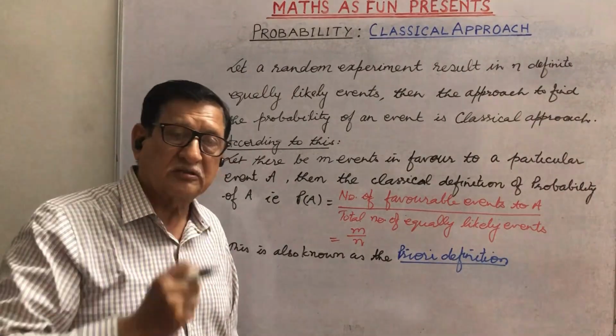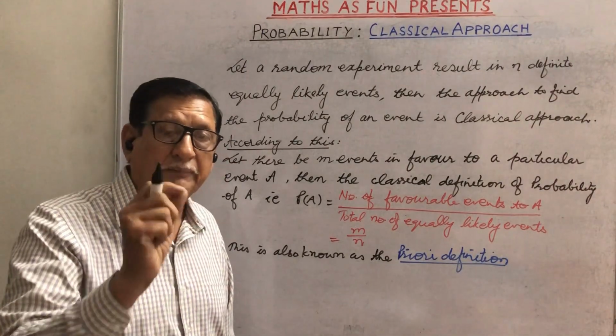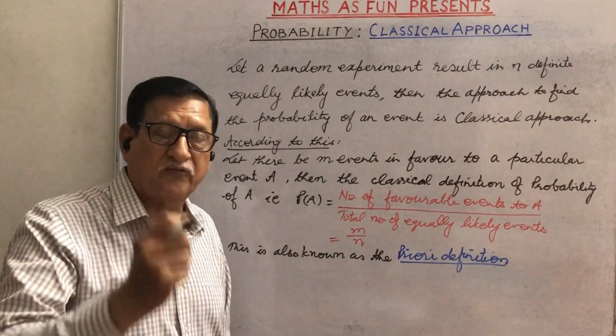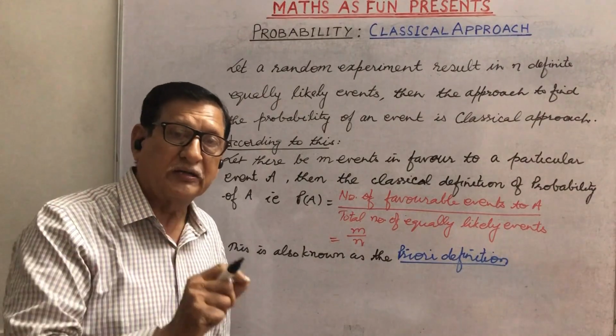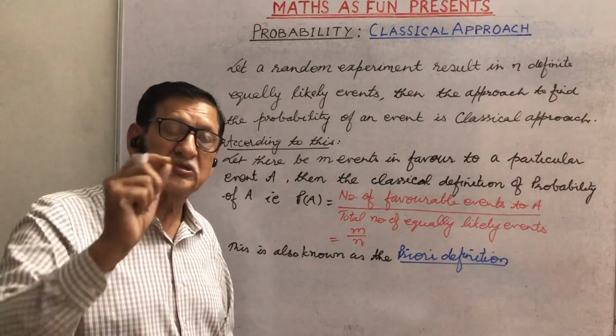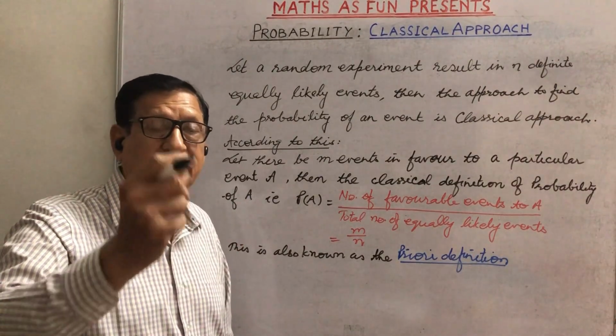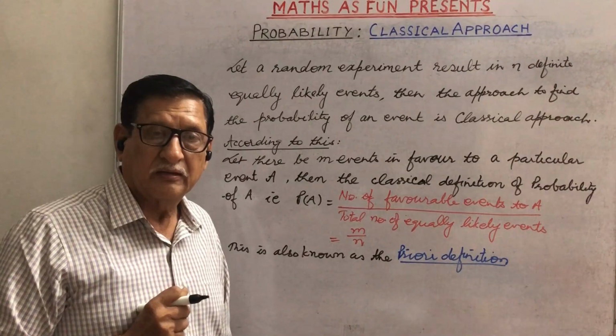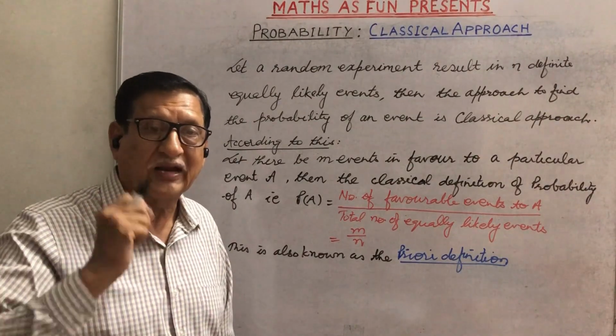We have to understand the difference: in the empirical approach or empirical formula, we were finding the probability of any event as the ratio of the number of times the event occurs divided by the total number of trials of the experiment.